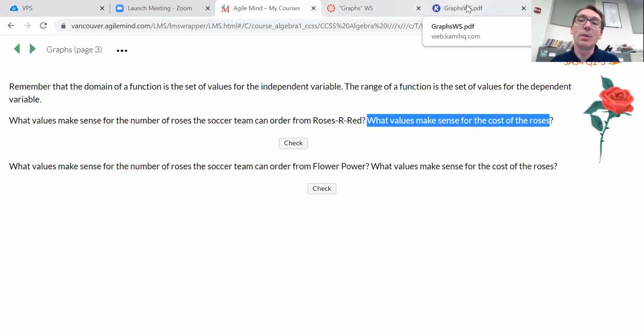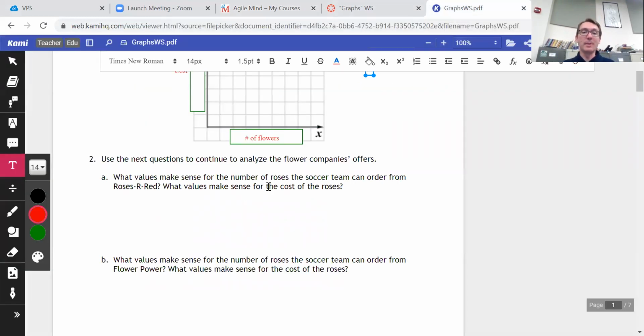Here's what I would type into our assignment. What values make sense? Well, the domain, which is number of roses that you can possibly order, is gonna start at, you could order 0.